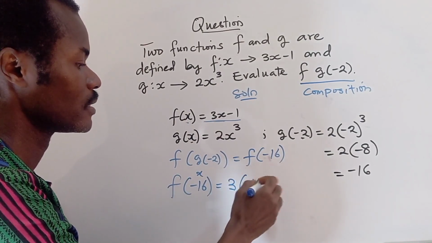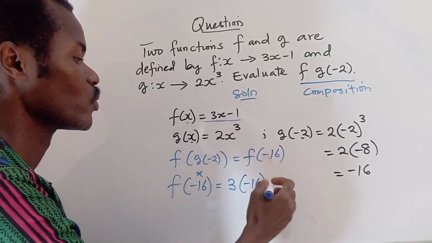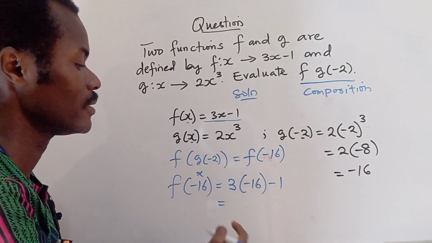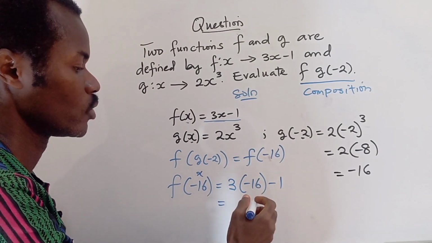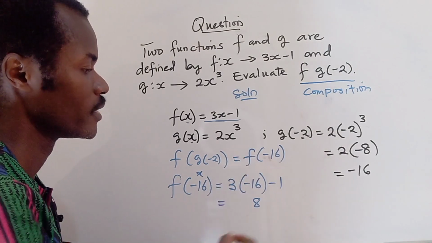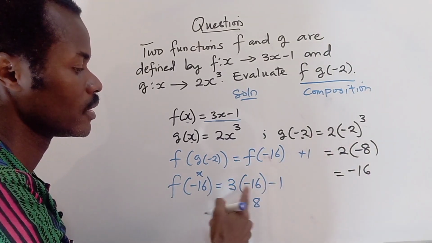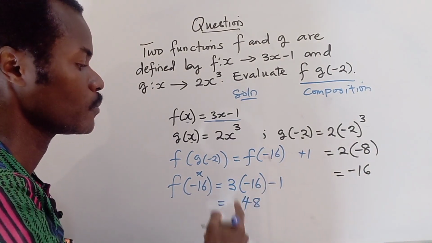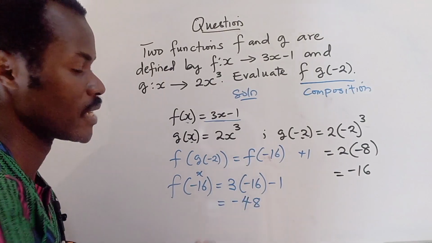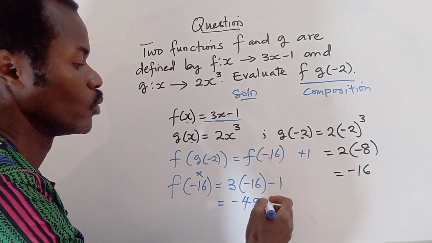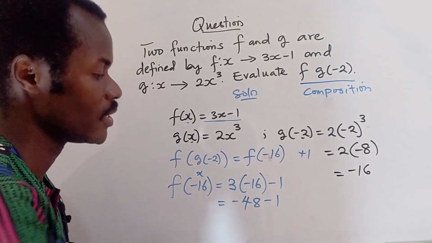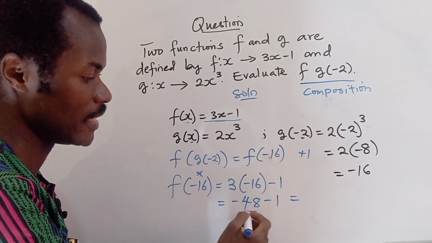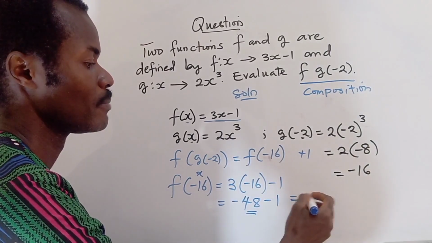So this is going to be 3 times minus 16, minus 1. Now we can multiply: 3 times minus 16 is minus 48, minus 1. So what would that give us? 48 is bigger, so we pick the sign minus.